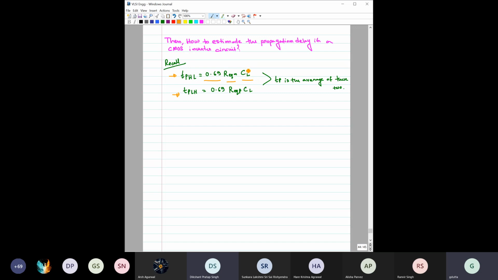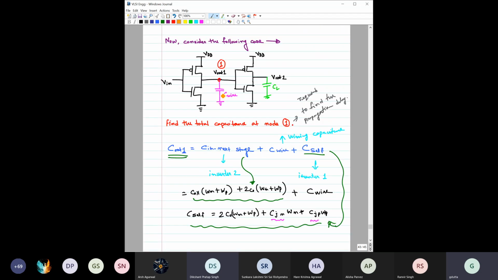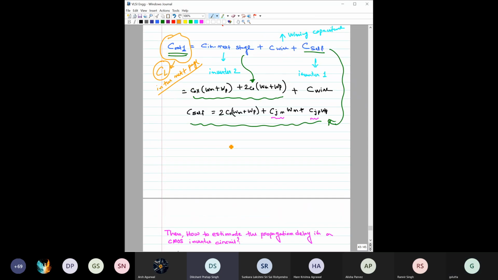Now, what is the CL? CL is the load capacitance. It does not mean CL is only this one load capacitance here. This means CL is basically this C out, and C out is basically C in of the next stage.